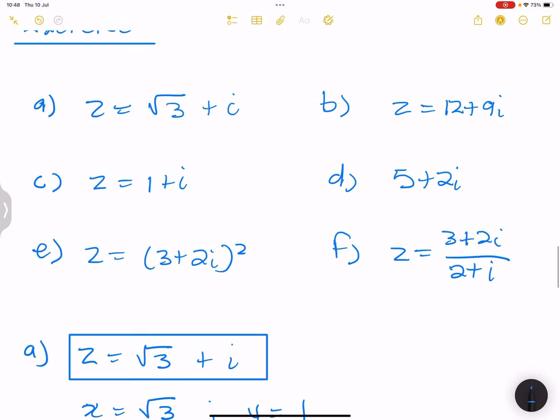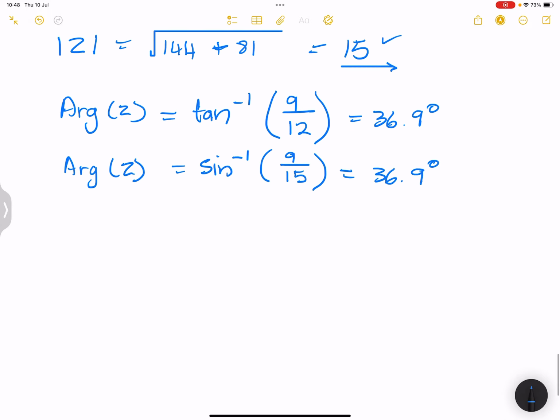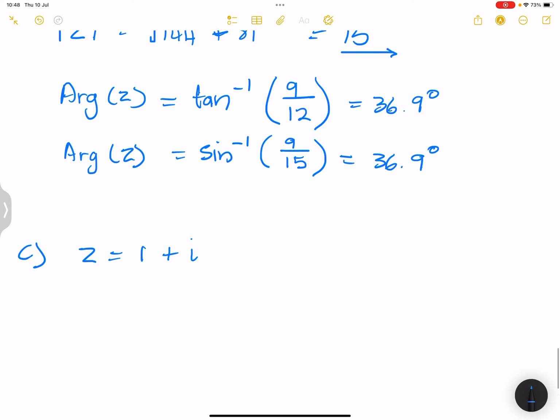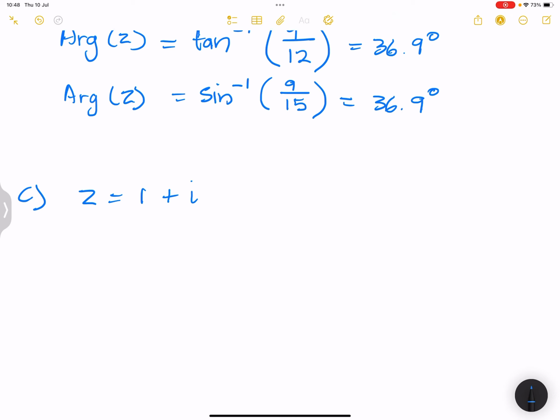Right, now for the last one, C, which is z is 1 plus i. I'm sure you got the gist of this, right? So try it on your own first. Okay, so how are we going to get that modulus?